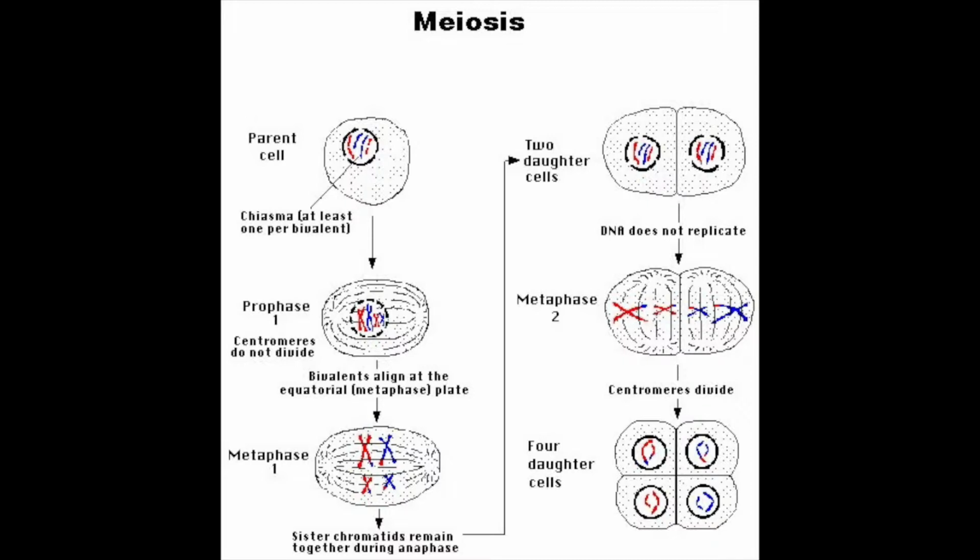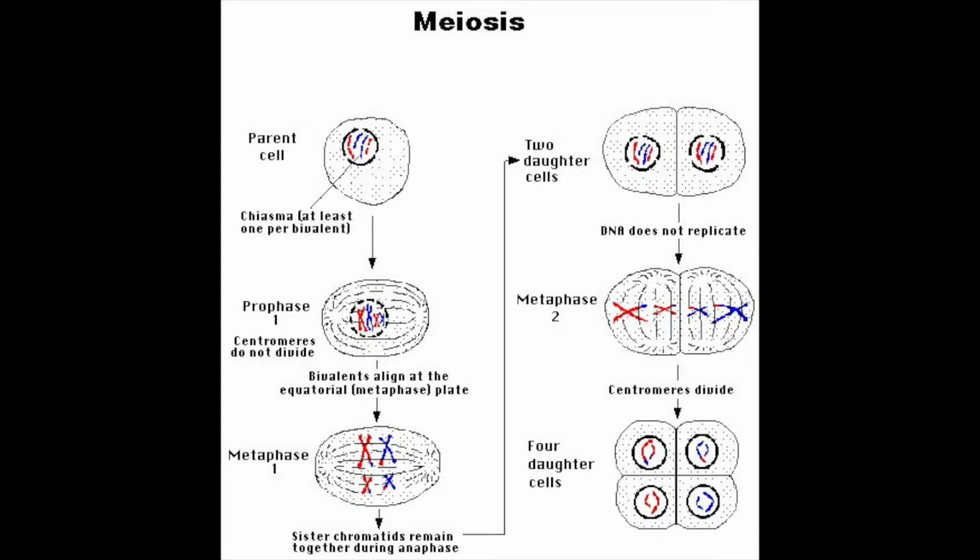The spindle has completely formed. It is during prophase 1 and metaphase 1 that genetic recombination is occurring. Take a look at the genetic recombination page to find out about how that happens. Keep in mind that it only happens when there are tetrads, so as soon as anaphase 1 gets going, genetic recombination is over. Anaphase 1.